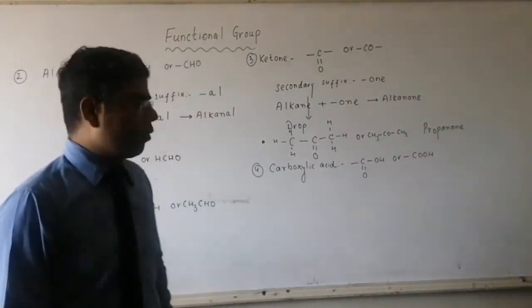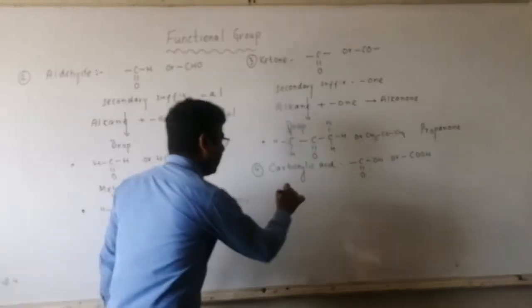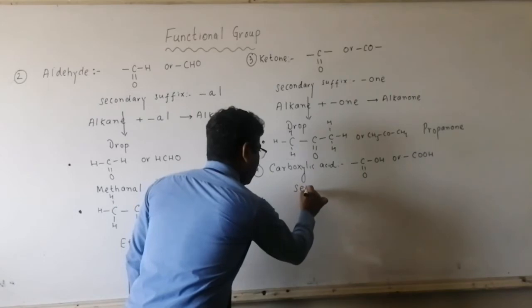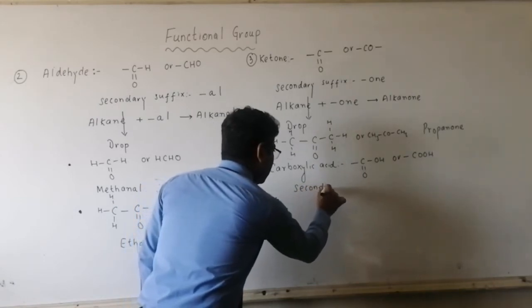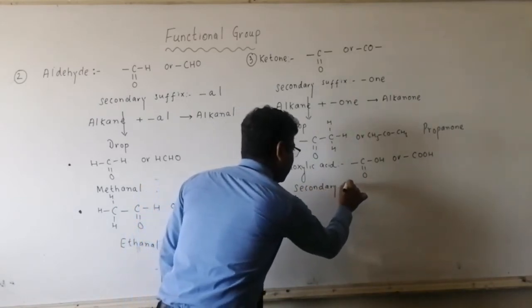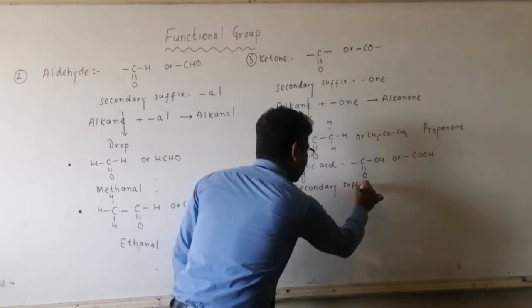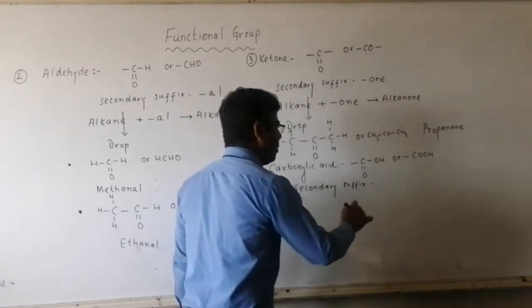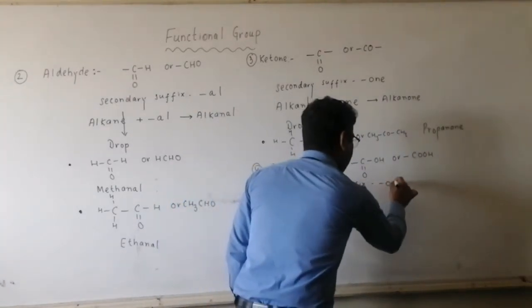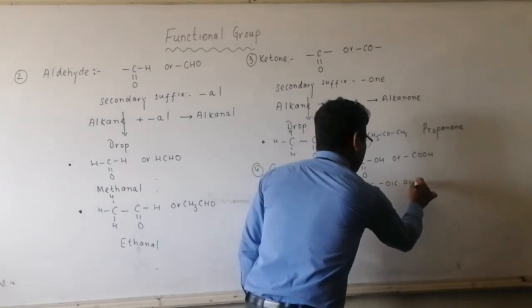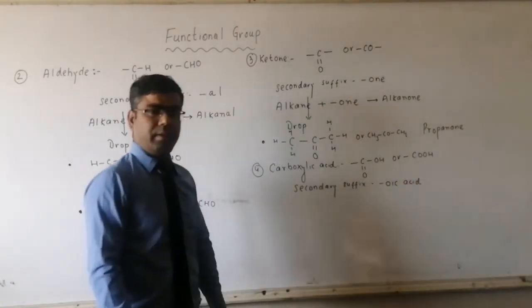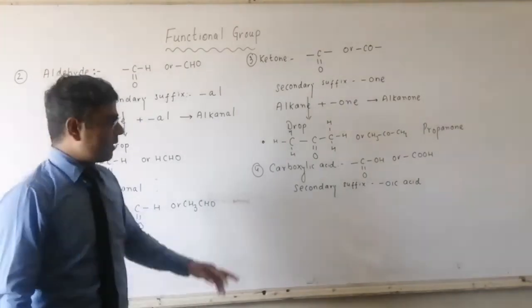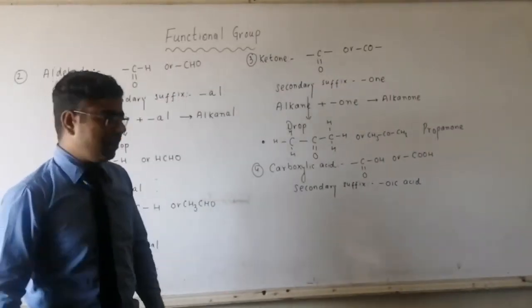Now, about the secondary suffix. For carboxylic acid, the secondary suffix used is oic acid. Oic acid is the secondary suffix for carboxylic acid.